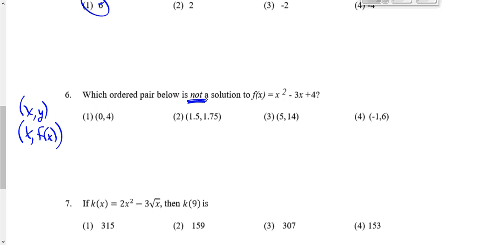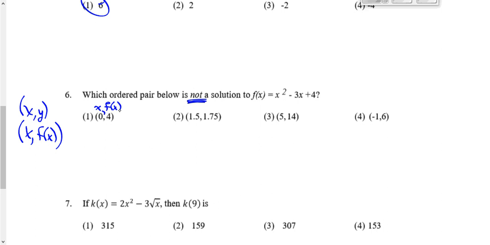Not. So this is one of those annoying ones that really drive me nuts. I hate the not one. So you're going to have to test them all out. But just real quick, if you're going to test 0, comma 4, where do you put the 0? In for the x. And where do you put the 4? In for f of x.